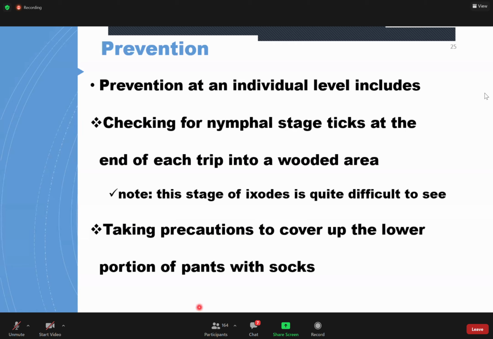And when you come back, remove it and examine it for tiny, tiny brownish specks, which you may miss if you've gone with just your pants with nothing else. Okay? And of course, you should wear shoes. You can also use repellents. All these are personal protective approaches to prevention of the tick latching onto you.